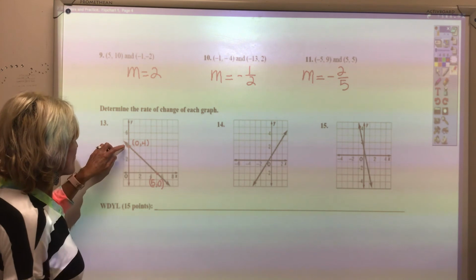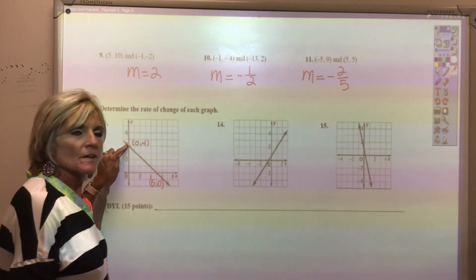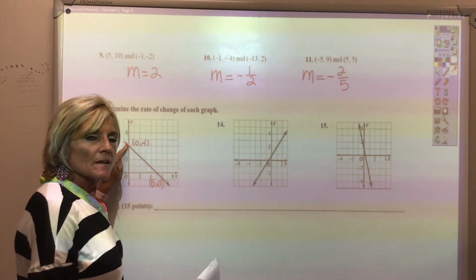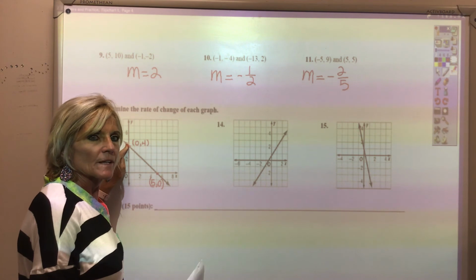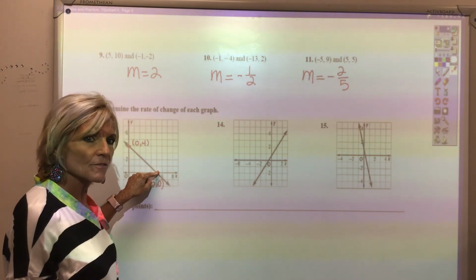Start on the point that's farthest to the left, and we count how far up or down we're going, and then how far across we're going. If we're going down to get to the next point, then our slope is negative.